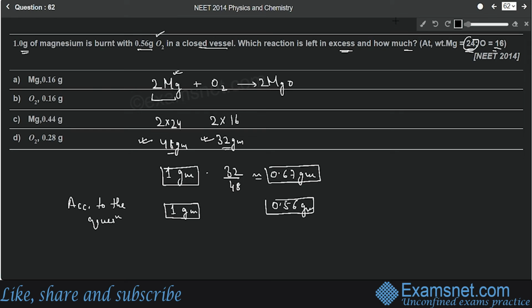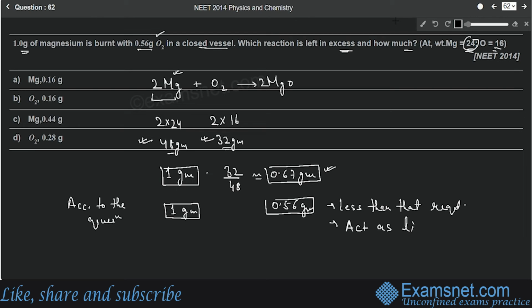But we need at least 0.67 grams of oxygen. That means the amount of oxygen is less than that required to burn the magnesium.